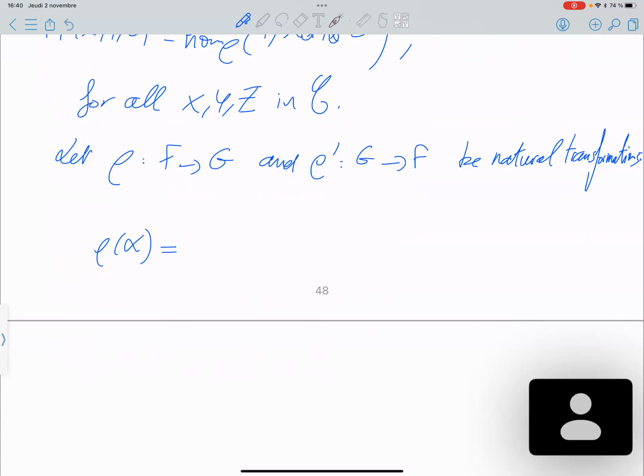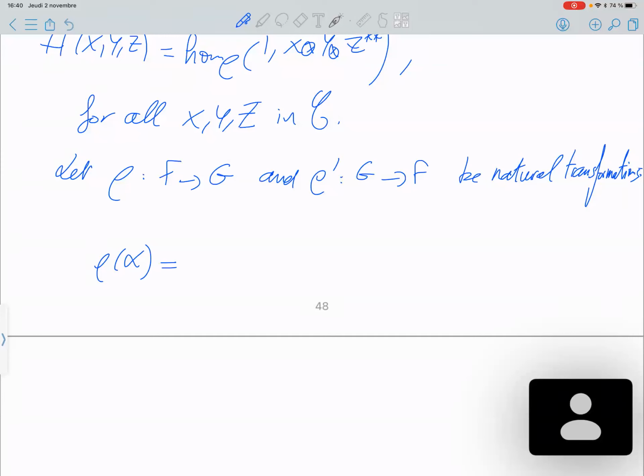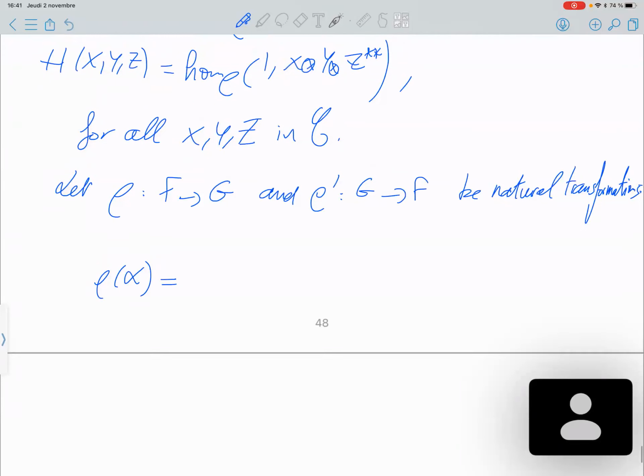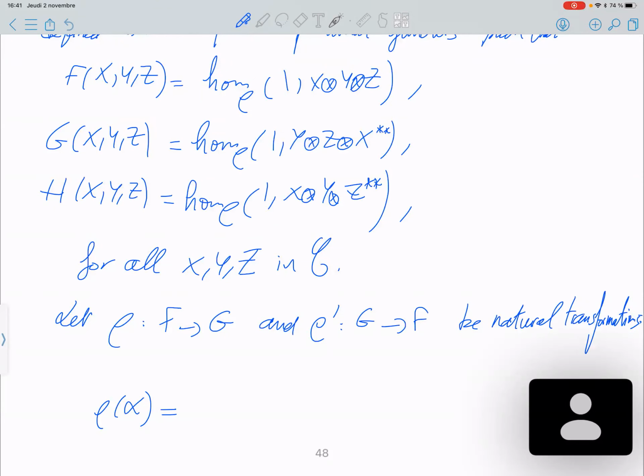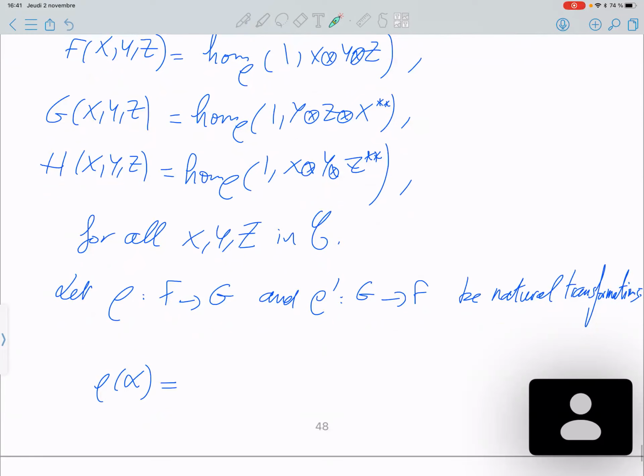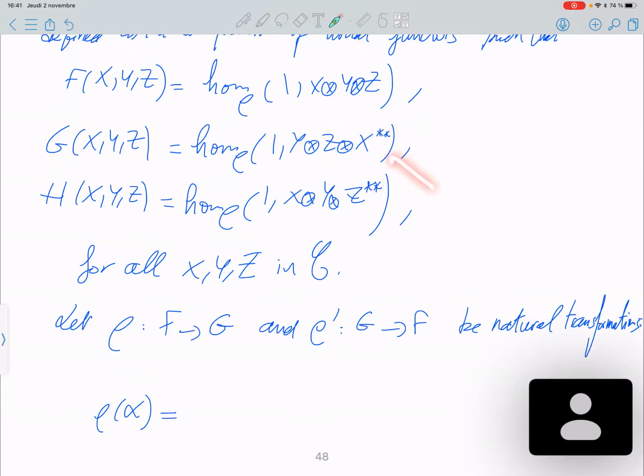So alpha is here a morphism in this set, and we will transform it into a morphism in this set. So you see here the difference. We will move something like that.